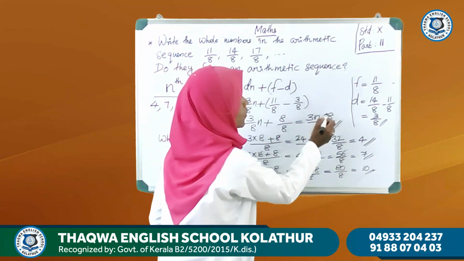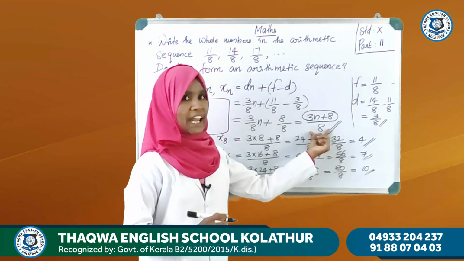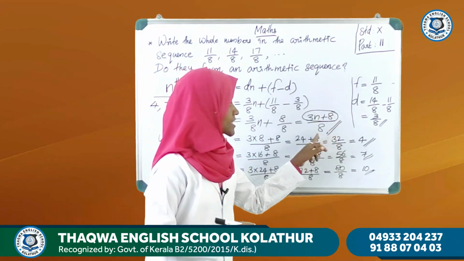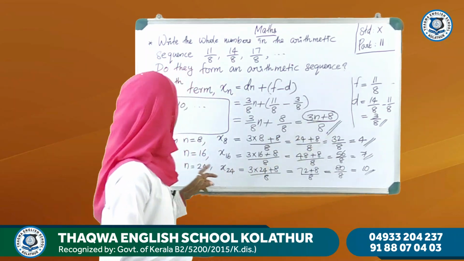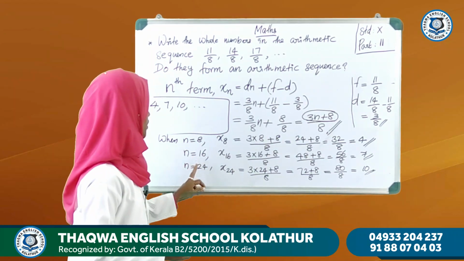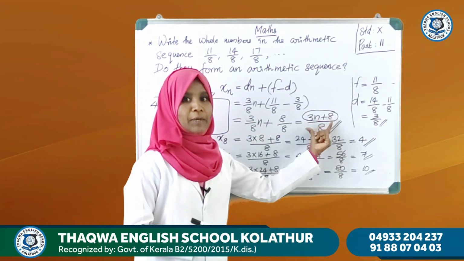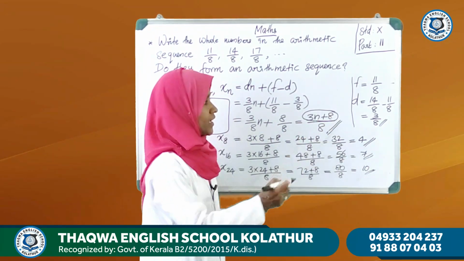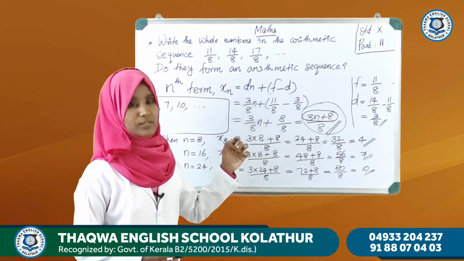Now if 3n plus 8 is a multiple of 8, the fraction becomes a whole number. Then when n equals 8, 16, 24, etc., the numerator becomes a multiple of 8. So the fraction becomes a whole number.